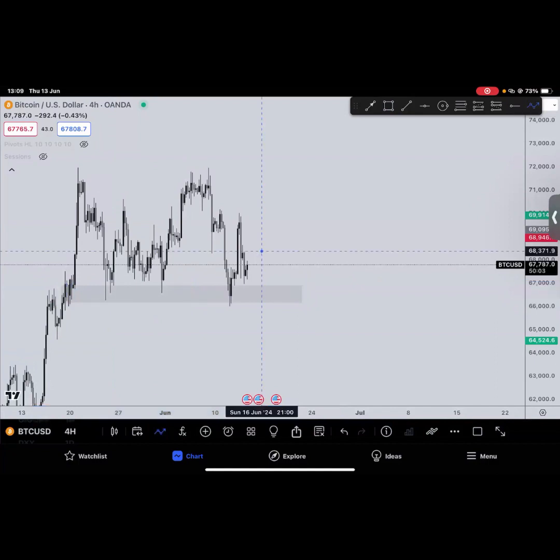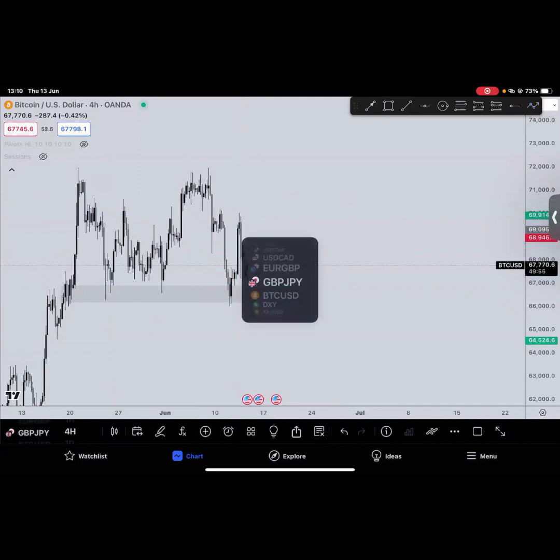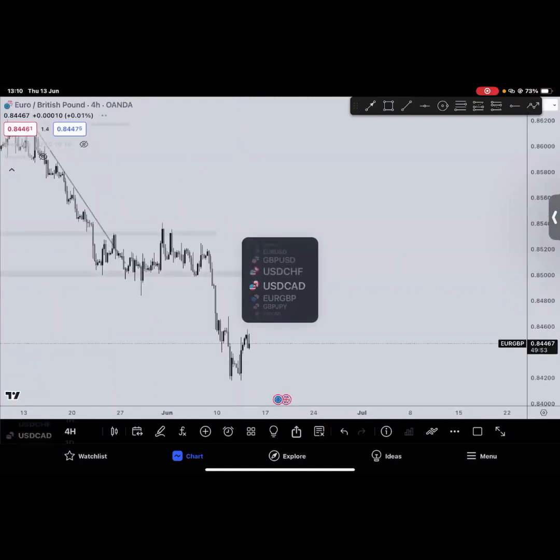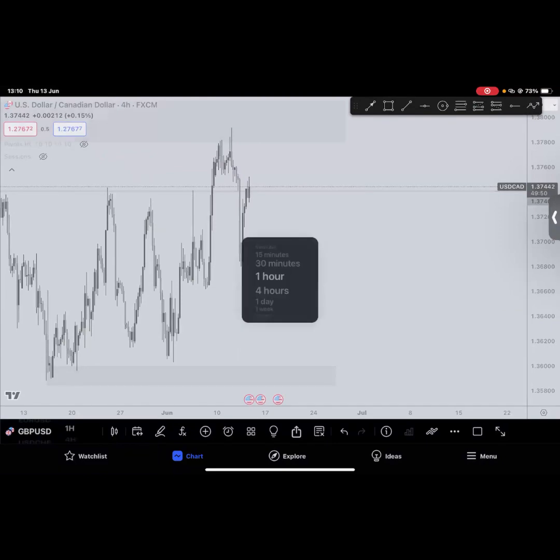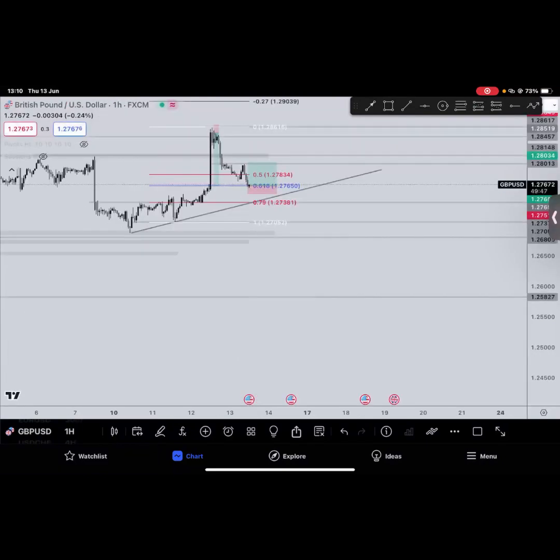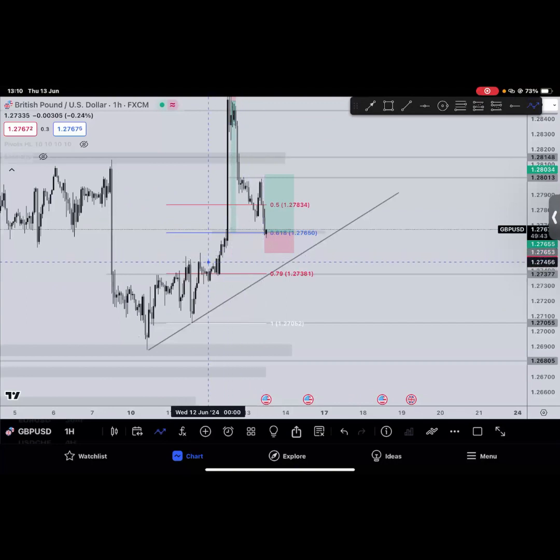So most of the trades yesterday were buys. Gold, GBPUSD, everything was all buys. You look at the GBPUSD we're analyzing now. We analyzed the GBPUSD for a buy.